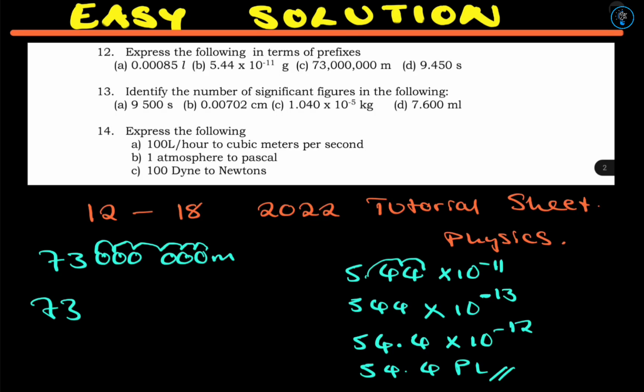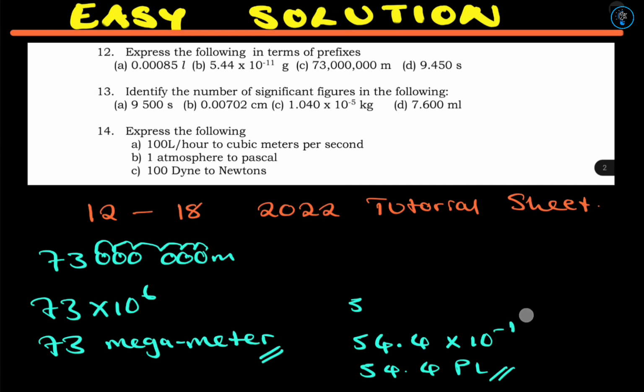Let's count it again: 1, 2, 3, 4, 5, 6. Yes, it's 6. So it's 10 to the power 6, and 10 to the power 6 is related to mega. So it will be megameters. So that's how we can write it in prefix.